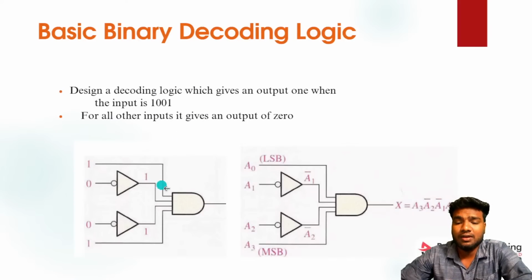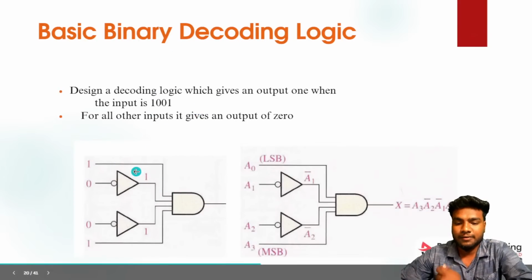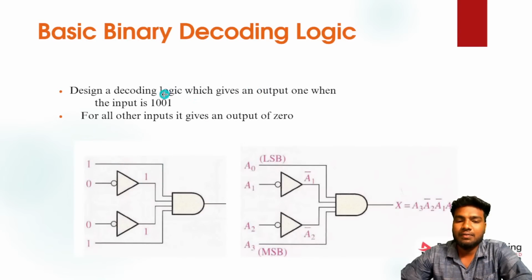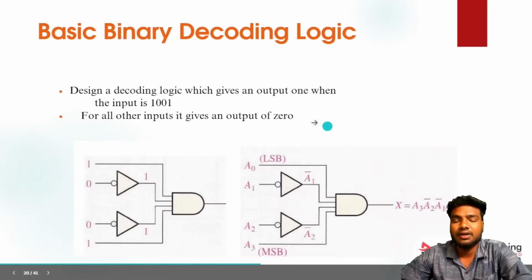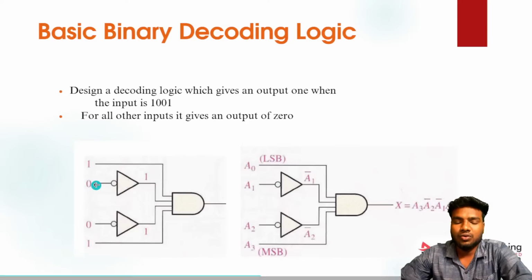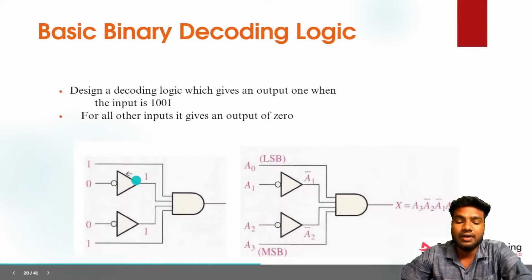If they ask this question, you want to write the digital logic circuit for it, so you can try it like this. Our question is to design a decoding logic whose output must be 1 when the inputs are 1 0 0 1. So what logic gate do I have to use?